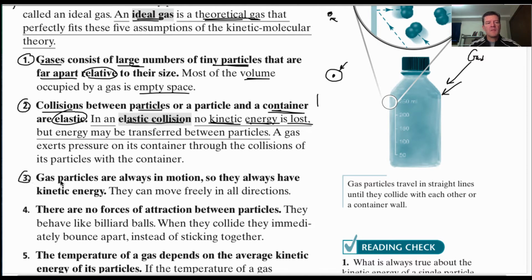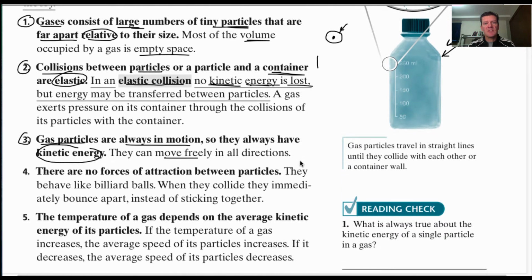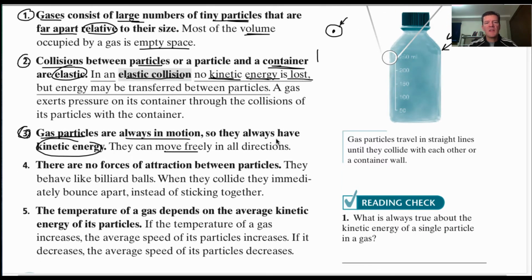Number 3, gas particles are always in motion, as we mentioned, so they have kinetic energy. They can move freely in all directions. Kinetic energy, please write this down under number 3. Kinetic energy is found by taking 1/2 times the mass times the velocity squared of that particle.